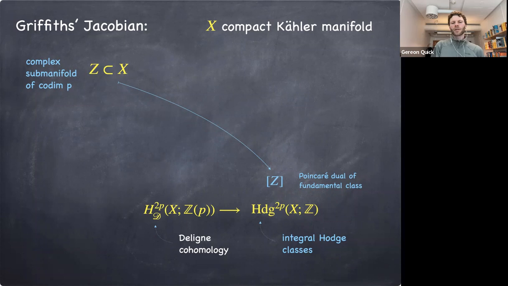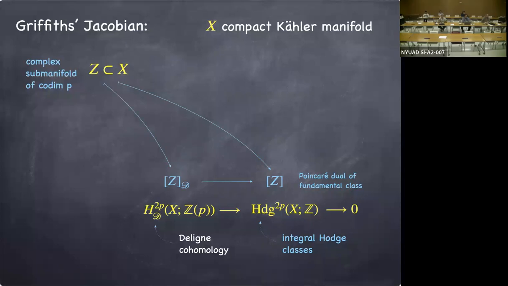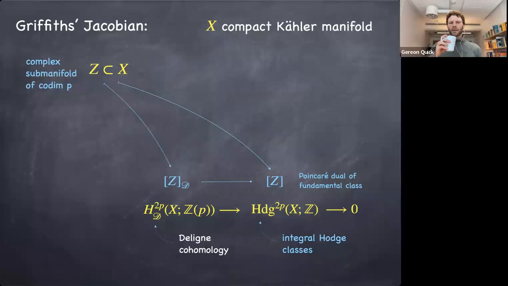P was our codimension, and then we have a twist P as well. And then there's a map to cohomology, and it actually lands in Hodge classes in this particular degree. And so this map is actually surjective. And then we can also assign to our submanifold Z a class in the Deligne cohomology that I'm going to denote with the subscript D.